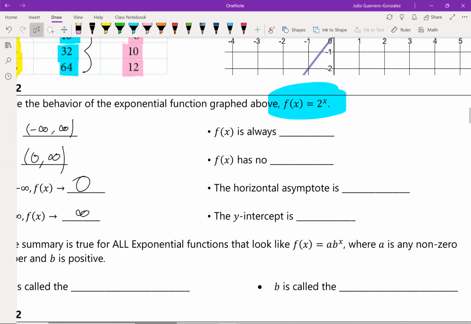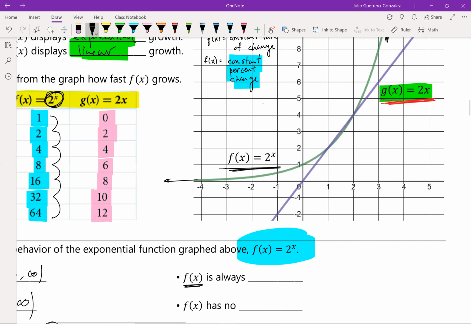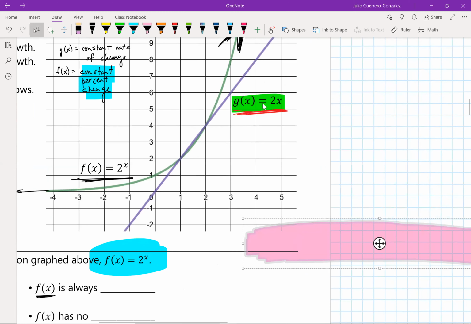Does it ever look like the f of x's are going to be negative? No. So it's always positive. Your graph for f of x never shows up down here. It is always positive.